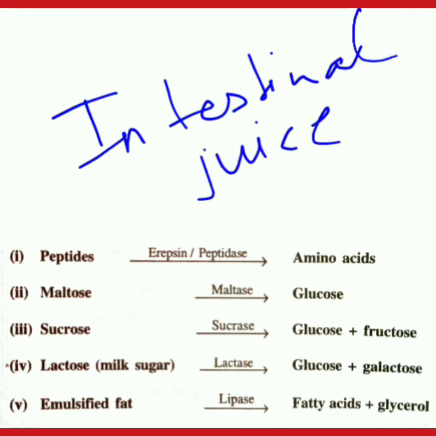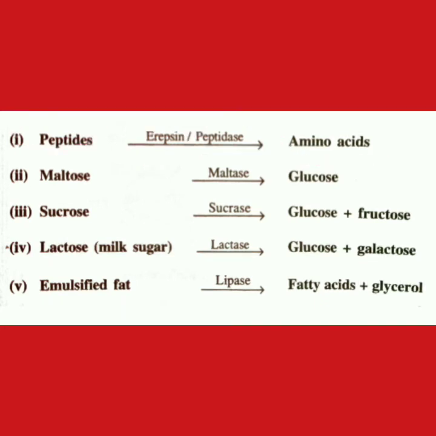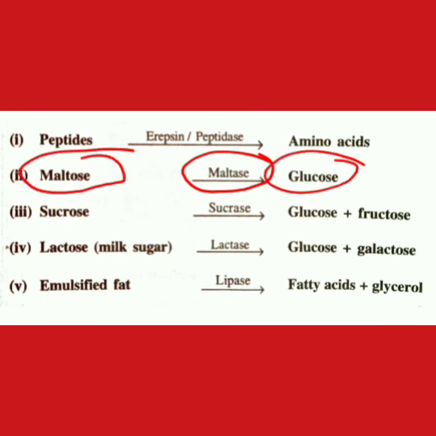Next is intestinal juice, which is secreted from the ileum. Intestinal juice contains eripsin, also called peptidase, that converts remaining peptides into amino acids. Intestinal juice also secretes the enzyme maltase, that digests maltose into glucose.